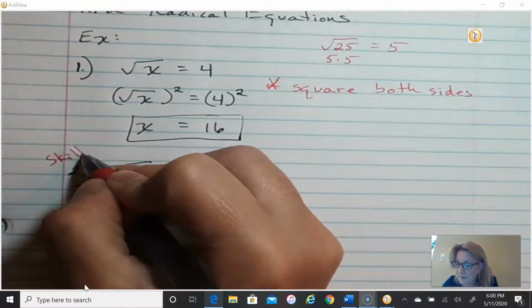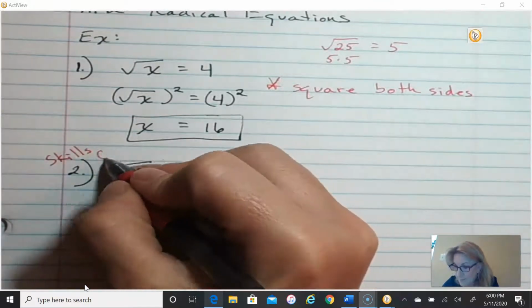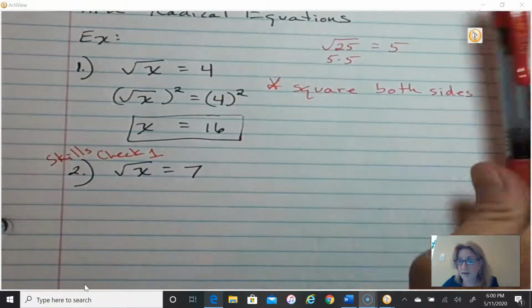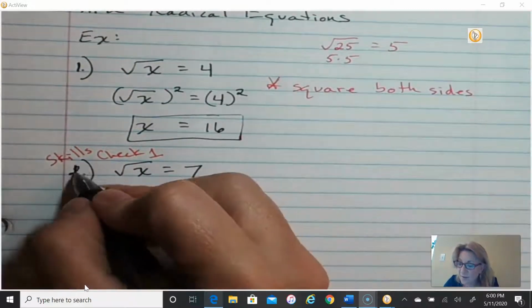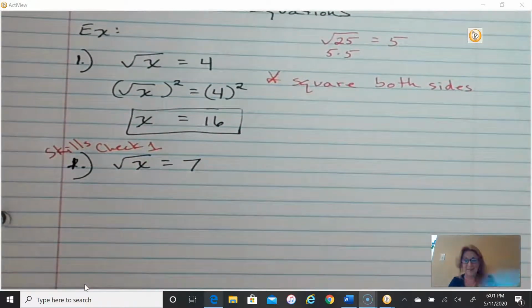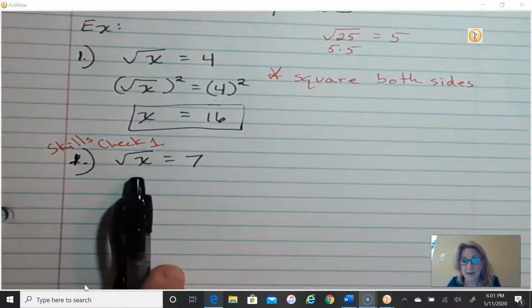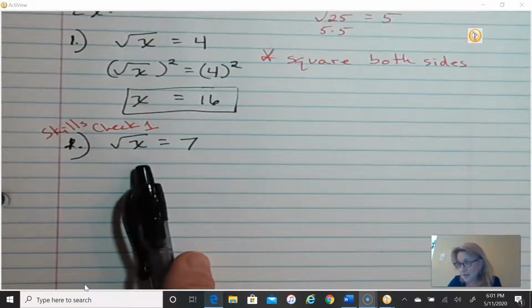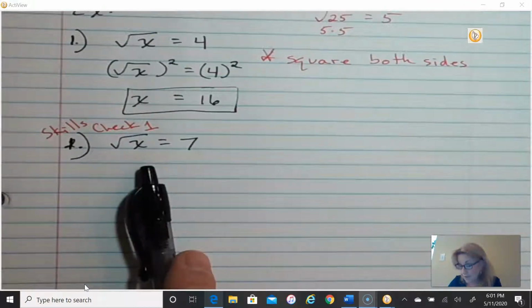This is the skills check. Number 1, and this is really actually number 1. I'm all over the place. Look, I even have notes, and I'm still a mess. So we want to find out what x means. This is skill check number 1. You can see that in your book.